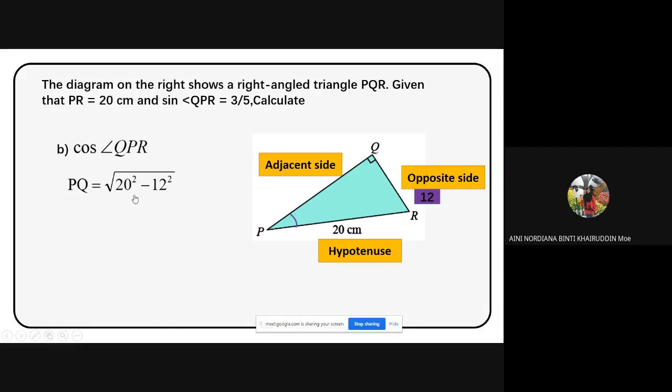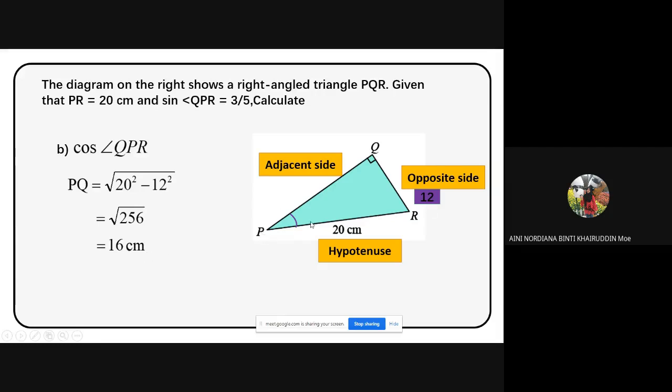Use Pythagoras theorem. If you want to calculate PQ, then you have to subtract the square of the other side from the square of the hypotenuse. So 20 square minus 12 square. Don't forget your square root. Then you can use your calculator. You get PQ 16.